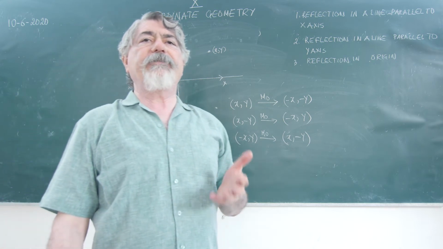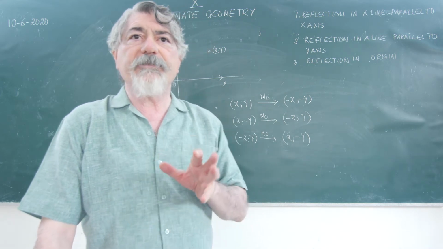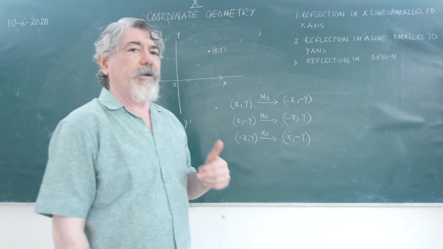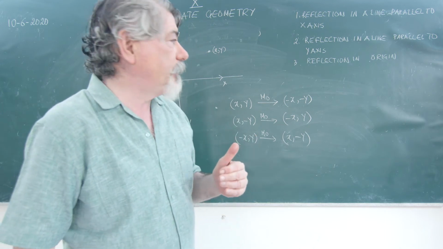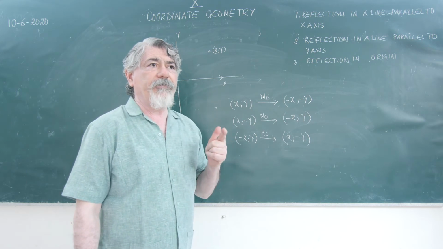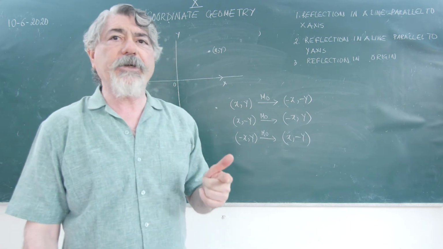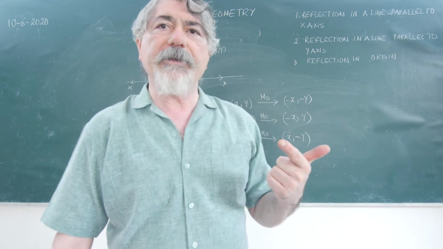When we were reflecting a point in the x-axis or y-axis, you must have noticed, if you go through my video once again, you will realize that we change the sign of one coordinate only. If we are reflecting in the x-axis, the sign of the y coordinate will change. If it is plus, it will become minus. If it is minus, it will become plus.